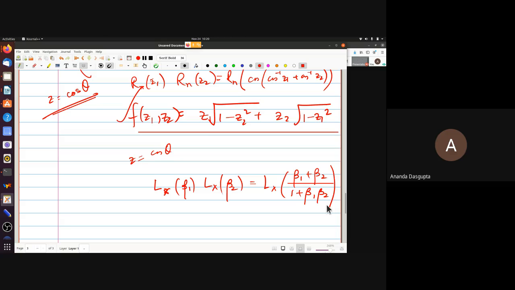But I hope all of you know that you can find an additive parameterization. Do you know that? Hyperbolic function. Close, yeah, but which hyperbolic function? And there's a name for that.